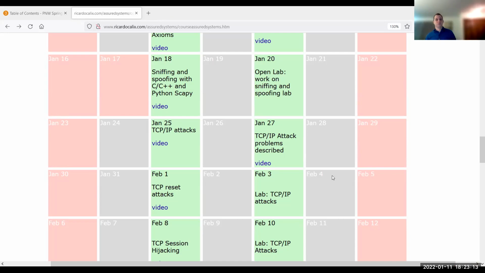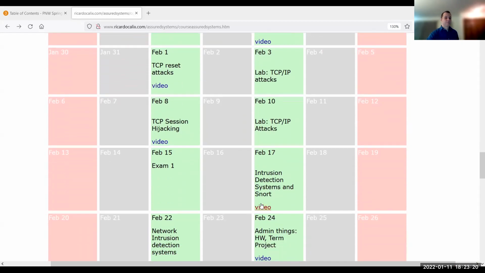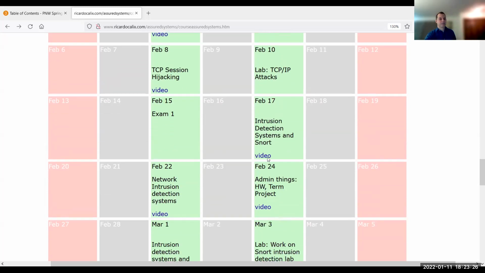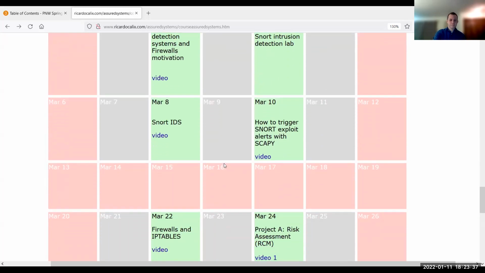So we'll do the sniffing and spoofing, then some TCP/IP attacks, labs and problems. And that basically illustrates attacks. And then, of course, we switch over to defense, and we'll take a look at the various ways of trying to defend the network. So intrusion detection systems, as you're familiar with them, and firewalls.